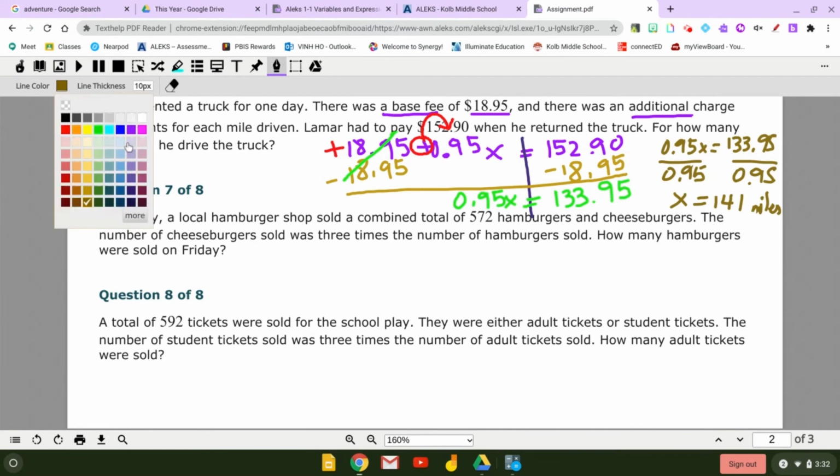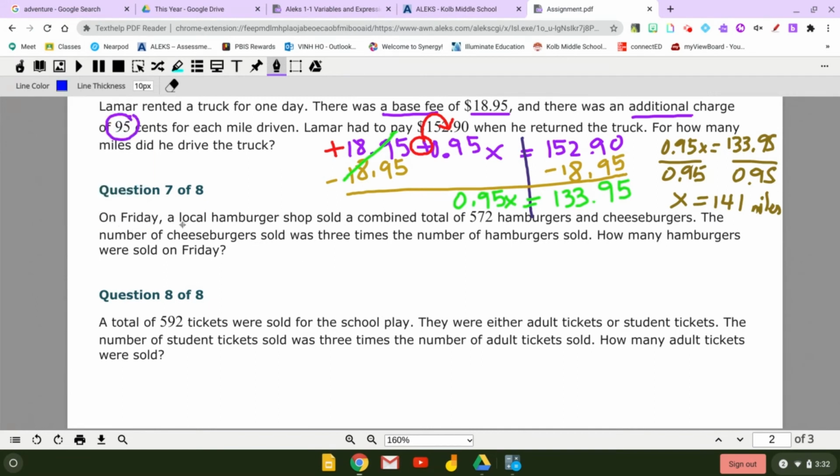Number 7. On Friday, a local hamburger shop sold a combined total of 572 hamburgers and cheeseburgers. The number of cheeseburgers sold is 3 times the number of hamburgers sold. How many hamburgers were sold on Friday?